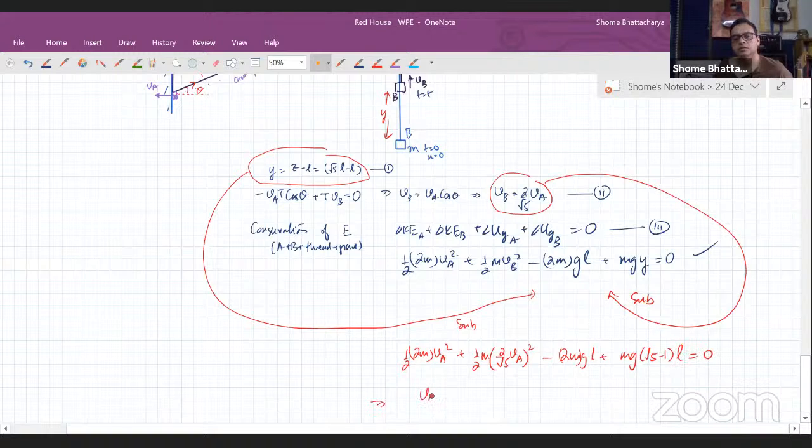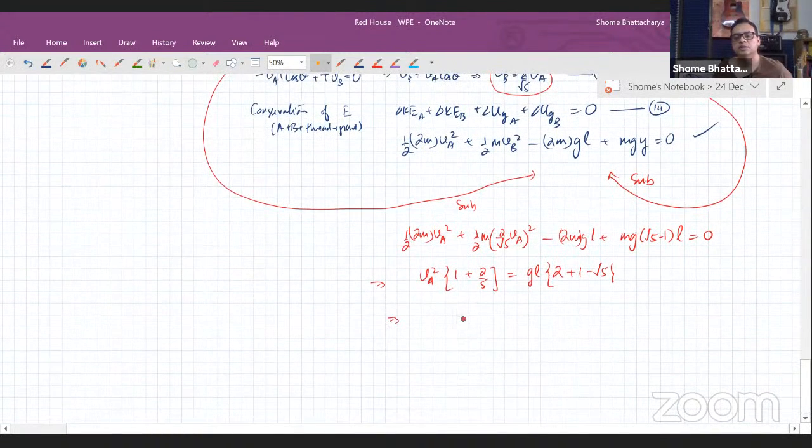So we can take VA squared common: 1 plus, how much is that, 2 by 5, is equal to gL times 2 minus this, so 2 plus 1 minus root 5.